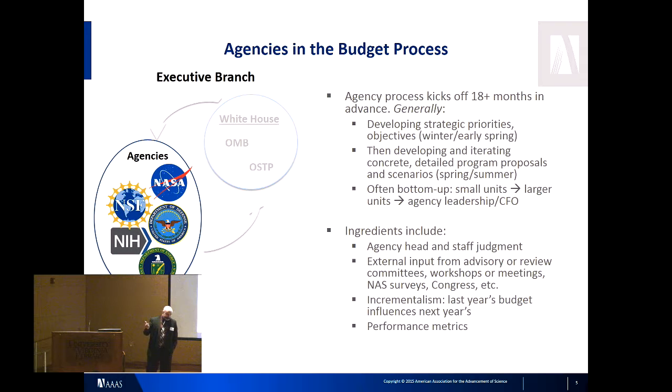So typically, a given program will develop a proposed budget for the upcoming fiscal year. They'll send that up the chain to the office level, up to the directorate level, et cetera. It's a hierarchical process with lots of iteration and back and forth and discussion.